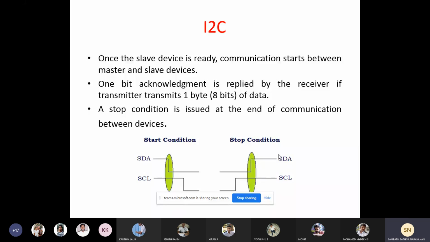And once the signal is received, an acknowledgement bit will be sent by the slave device to the master. On the serial data line and the serial clock line, a high to low transition is given at the start condition and a low to high transition at the stop condition.